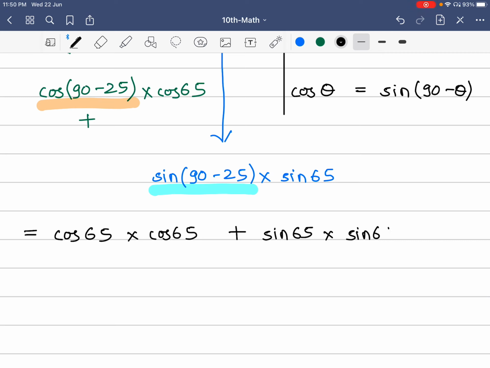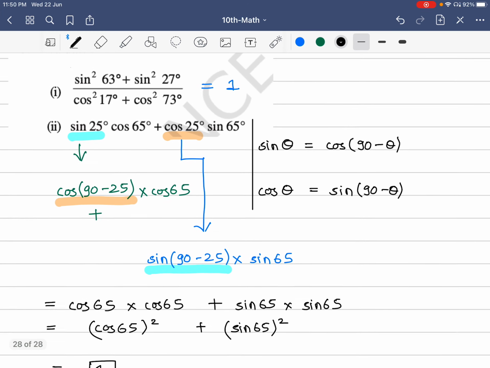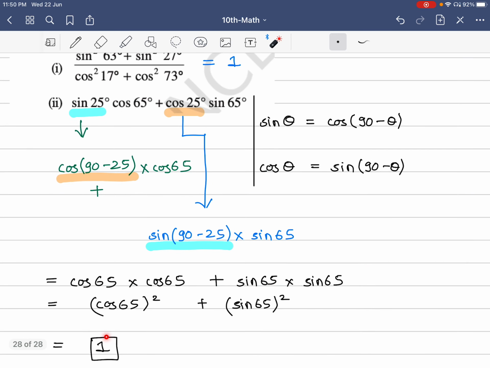So very clearly we have cos 65 the whole square plus sine 65 the whole square, which is of the form of the trigonometric identity sine square theta plus cos square theta equals 1. Here the value of theta is 65. So this is going to evaluate to 1.